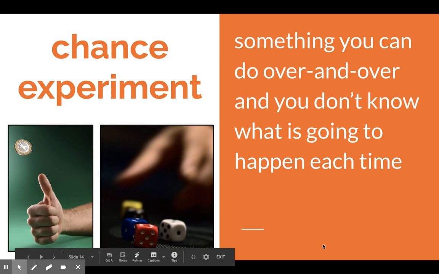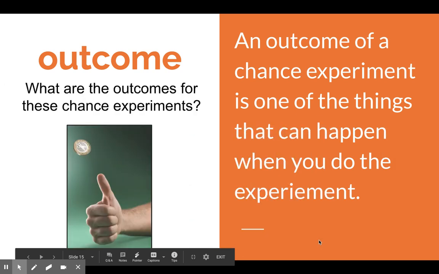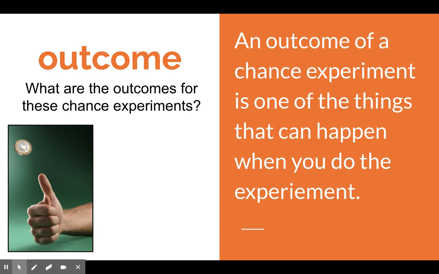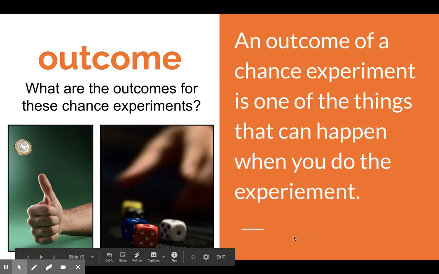Okay, let's move on to the next portion. The next portion is the definition for outcome. Now, an outcome is considered what are the outcomes for the chance experiment that we are conducting. So, an outcome of a chance experiment is one of the things that can happen when you actually do the experiment.